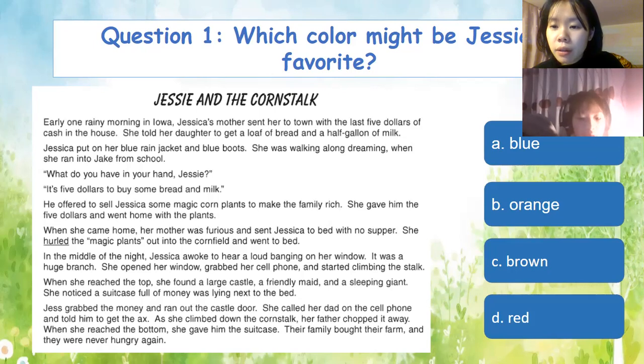What do you think? Blue, orange, brown, or red? Find the color. Which color might be Jessica's favorite?